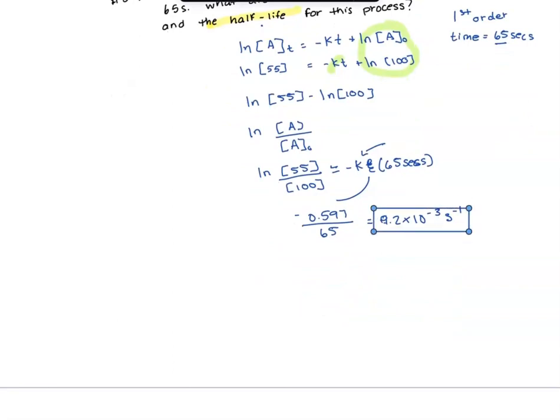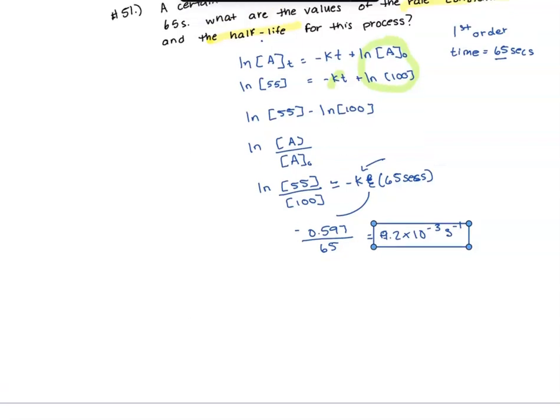But now we can do the second portion of the question, which asks for the half-life. The half-life is a little bit interesting for the first order because it's usually one that's going to be given. And there is a derivation for it.